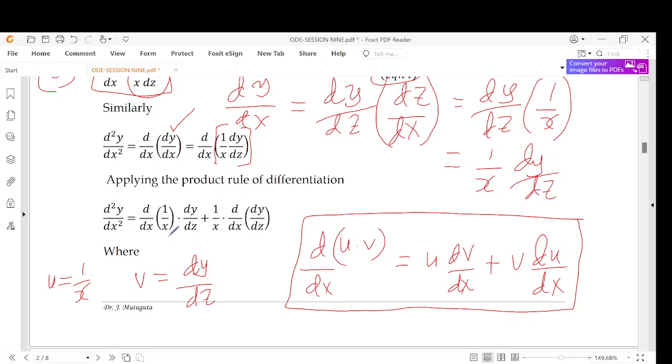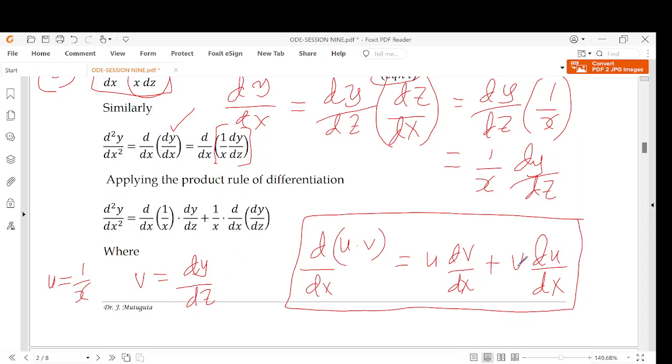If we do that, the first term, which is u dv by dx, becomes, with u being 1 over x, 1 over x times the derivative with respect to x of v, which is dy by dz.